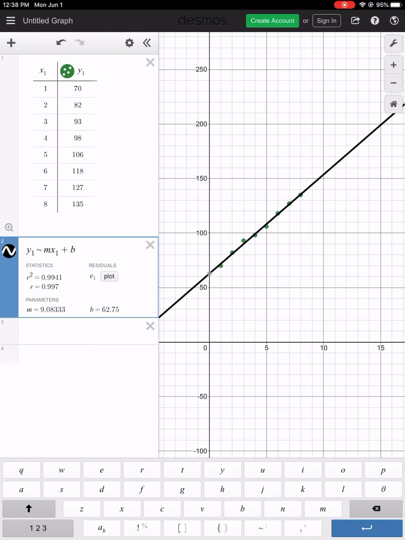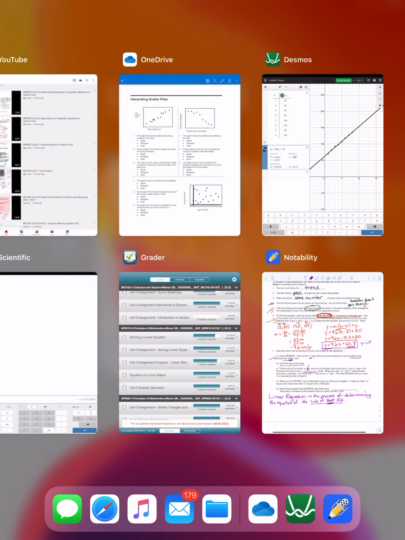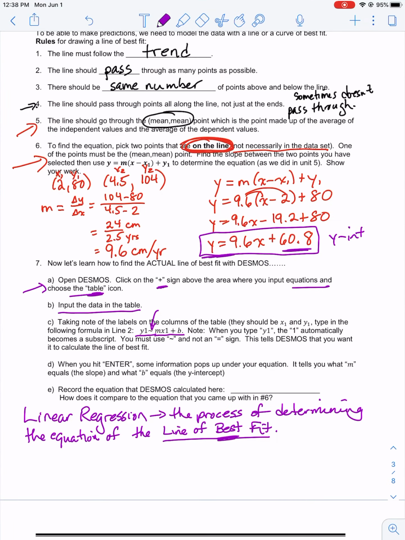So going back into my document, we got that y equals, rounded, 9.1x, which is different than what I got. I got 9.6. And then plus 62.75. That is the actual equation of the line of best fit.